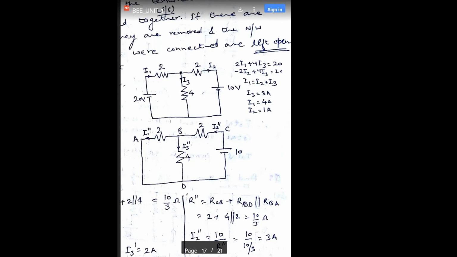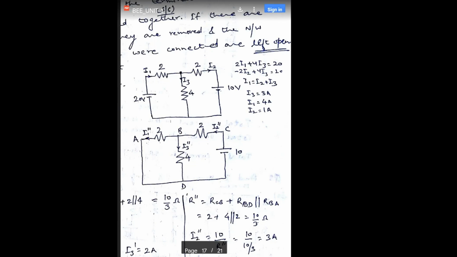Okay, so this is the circuit on which the superposition theorem is to be applied. So first of all, we will apply KVL and KCL to determine the current flowing in this circuit. These two battery sources are 20 volts and 10 volts, and current I1 is flowing, and as the node appears, this current is divided into I2 and I3.